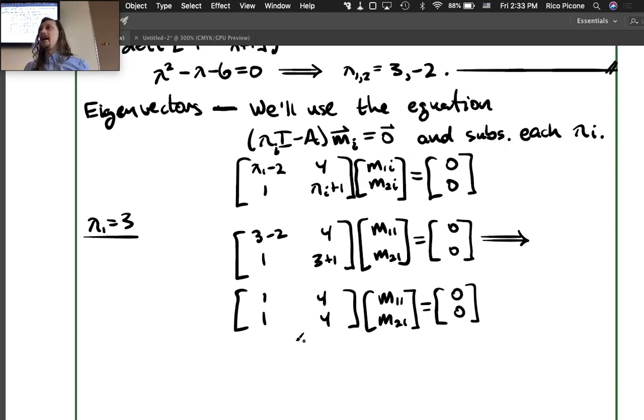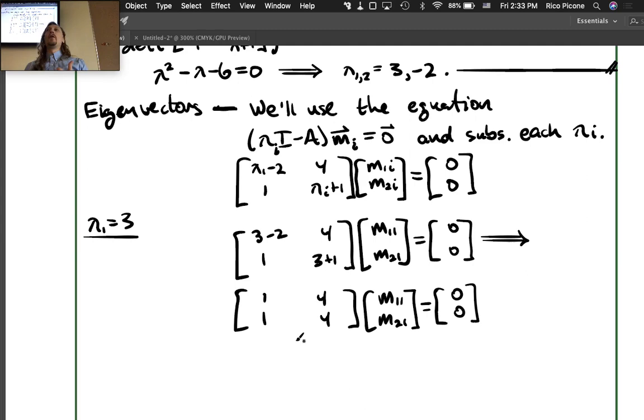We don't have that. And this is going to happen every single time when we find an eigenvector. So this is not something where we messed up somewhere and should freak out. We know this is coming. It's going to be this way every time. What we have is a system that has an infinite number of solutions, because it's only constrained by one equation, but there are two unknowns.